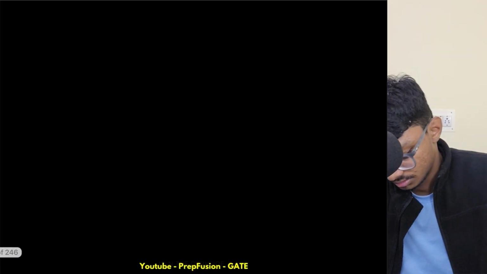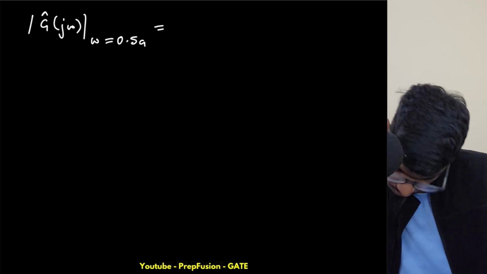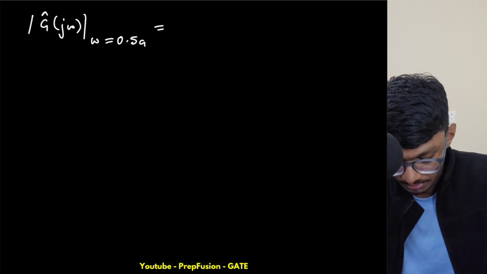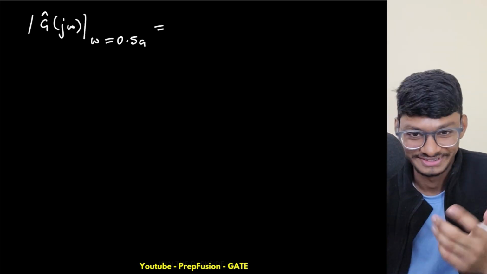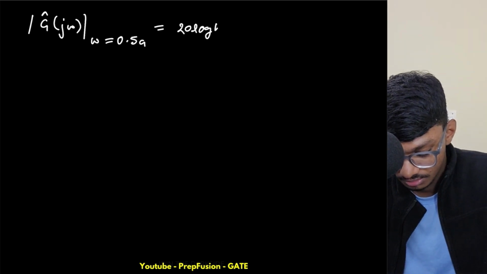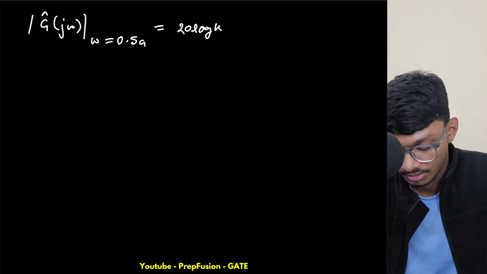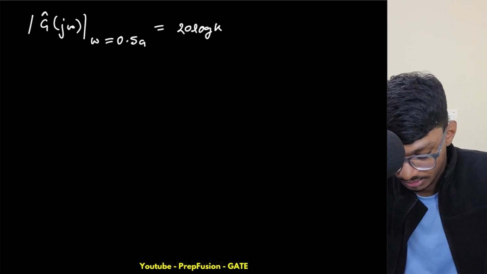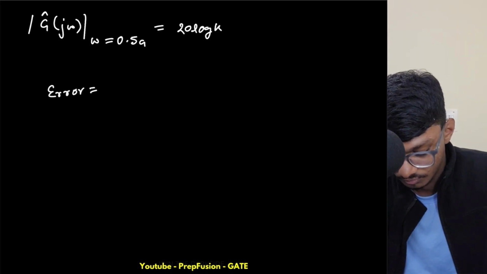So the approximated g of j omega at omega equals 0.5a, then my approximate value is 20 log k. Base 10 is there, I'm not writing base 10. So let's find the error in dBs.